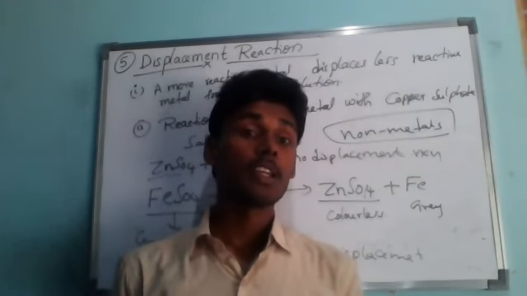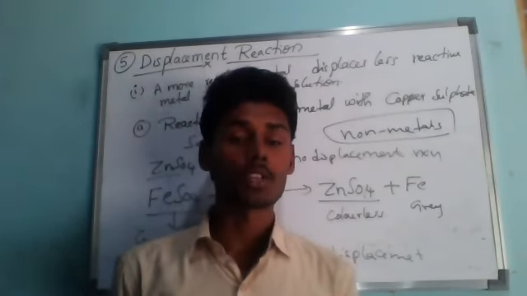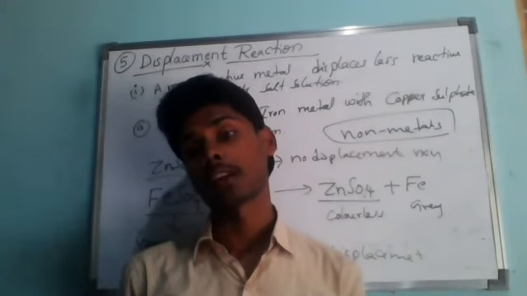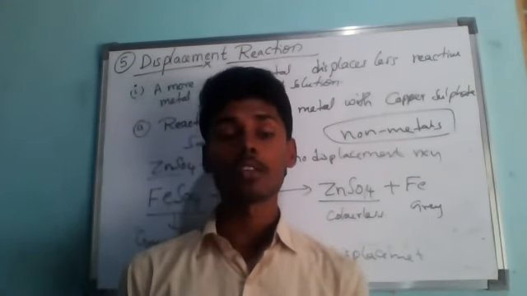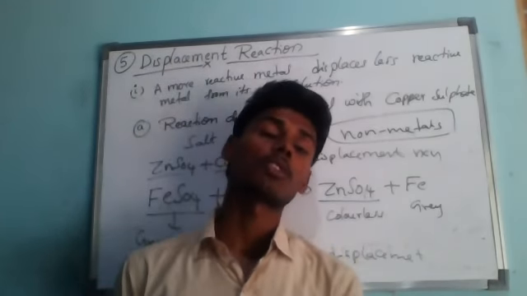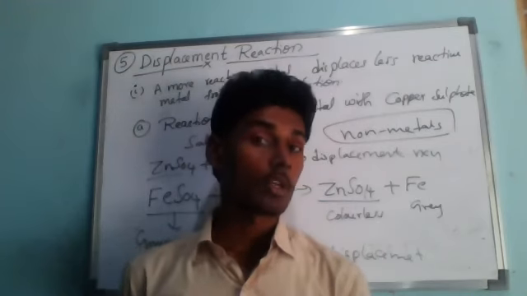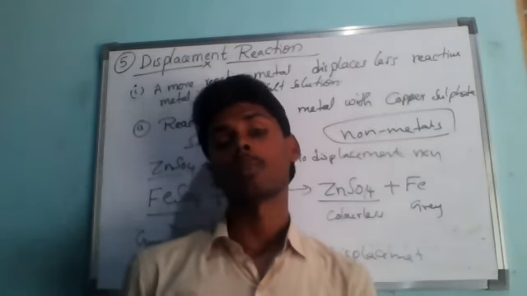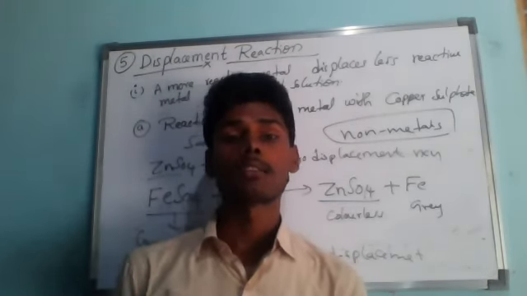Metals react with dilute acids to produce hydrogen gas, and non-metals do not react with dilute acids. Like that you have to write it. Metals will show the displacement reaction: a more reactive metal can displace a less reactive metal.